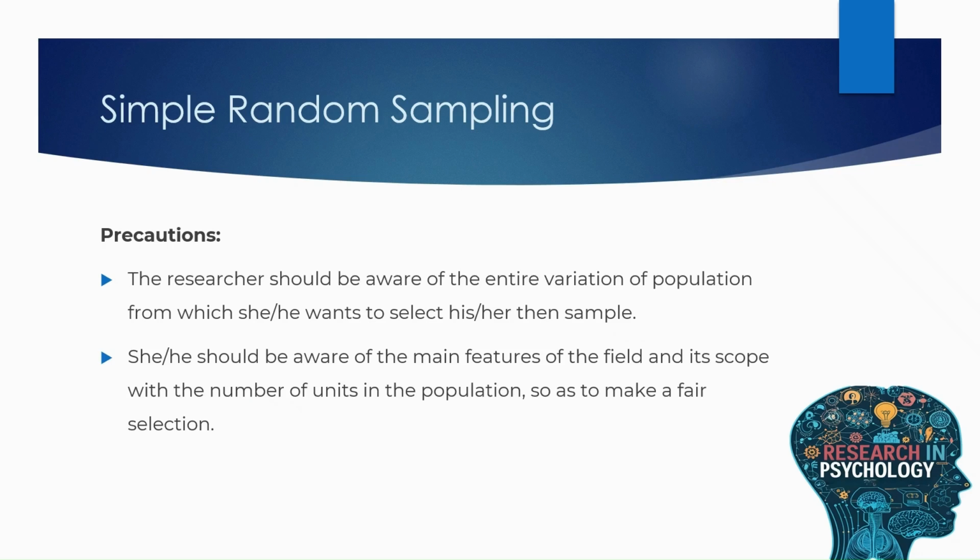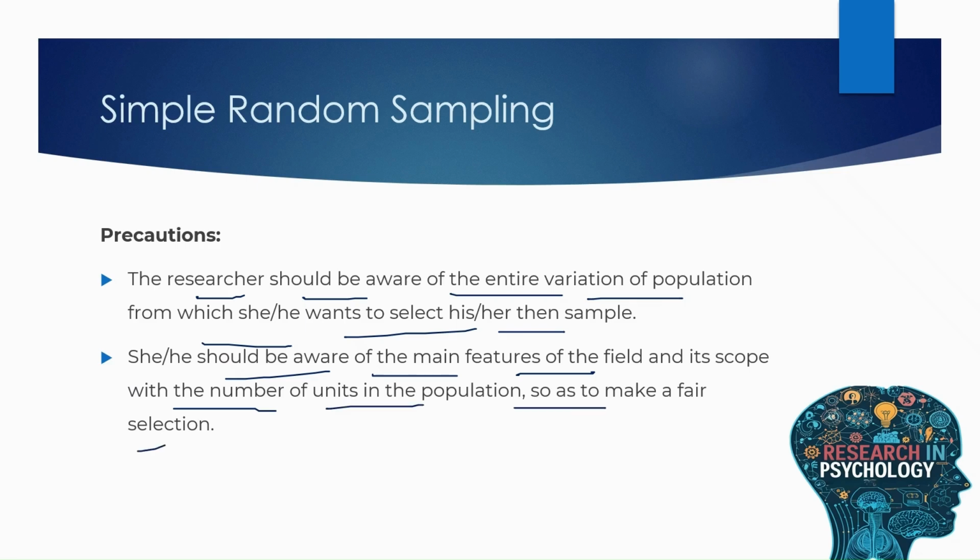Then, what are the precautions that we should take care of while doing simple random sampling? First of all, the researcher should be aware of the entire variation present in the population from which he or she wants to select the sample. And they should be aware of the main features of the field and its scope, with the number of units in the population, so as to make a fair selection. Which means, whatever study you are doing, how many units in the population are capable of being in that study?